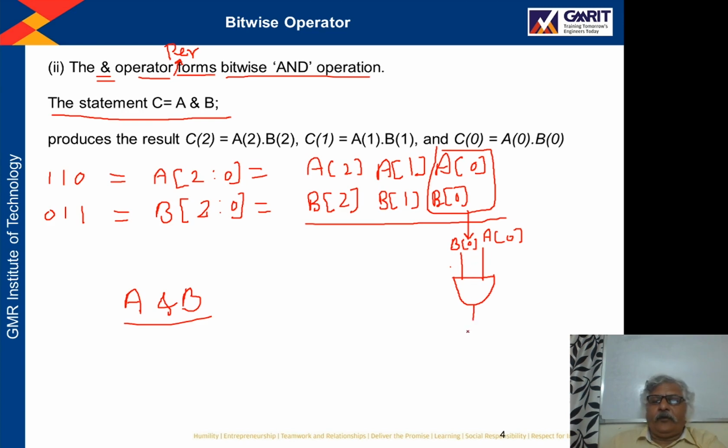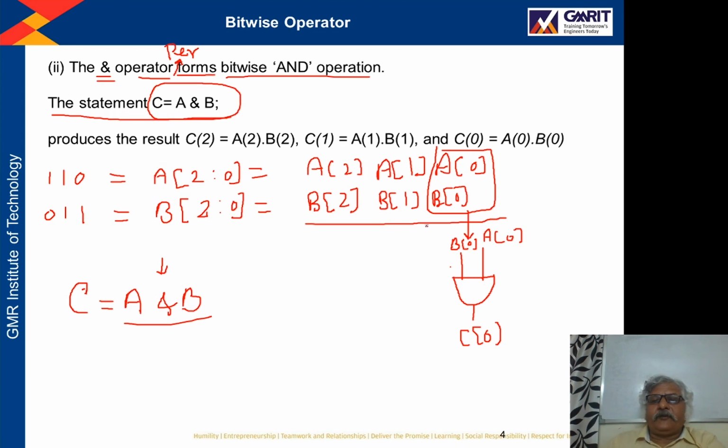And the output will be assigned to C0, right? Because after performing this AND operation, the evaluated result will be stored in C, because see the statement.